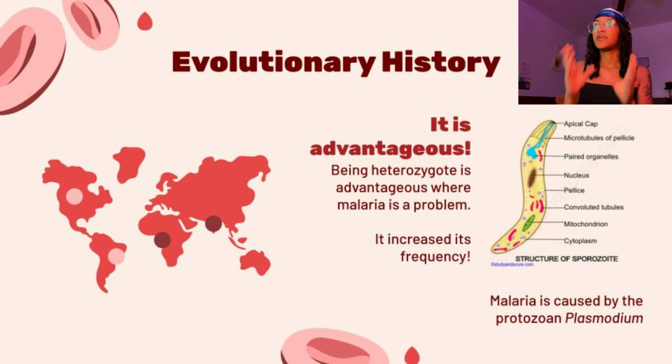Because it was beneficial, this gene mutated at some point in evolutionary history, probably in some part of Africa, and increased in frequency because it allowed people to survive in this malaria environment. And you might think, okay, so this is only a problem in these places in Africa, right?